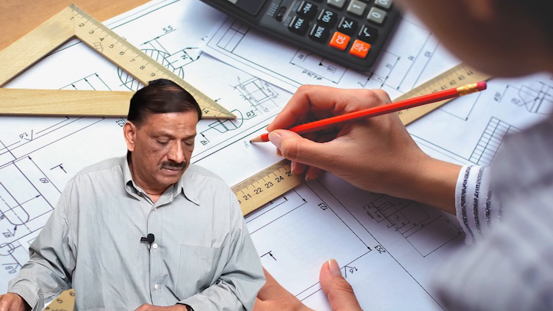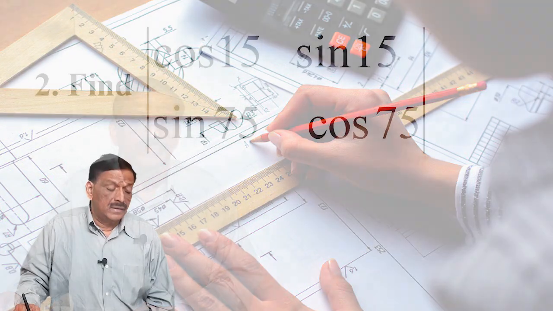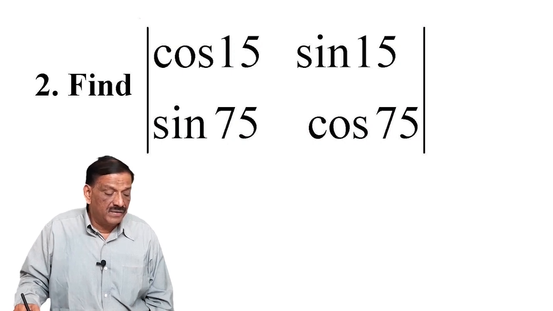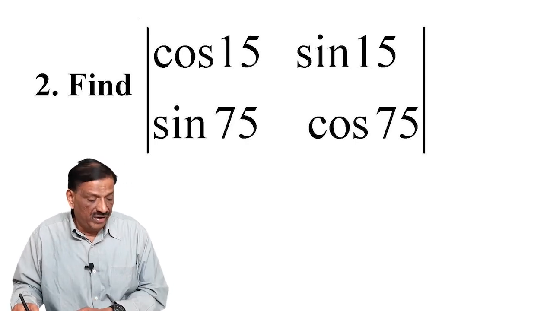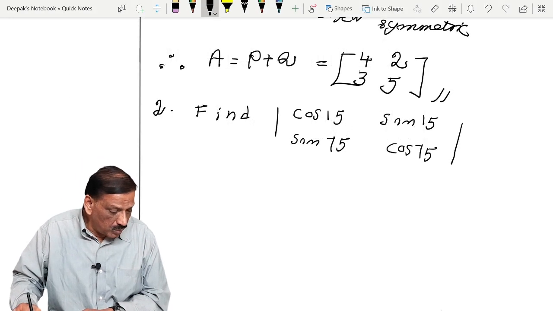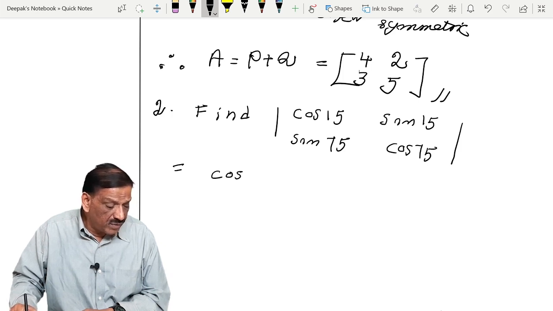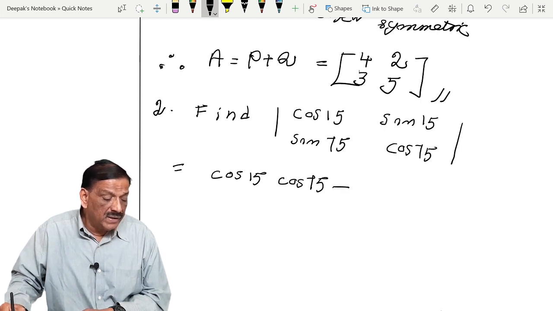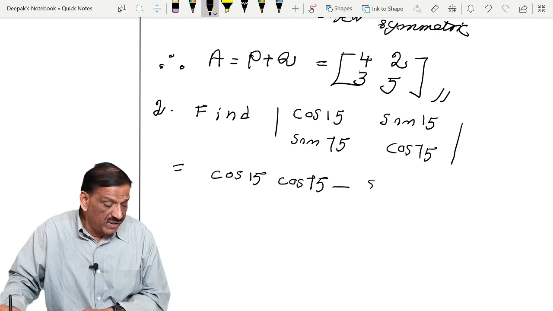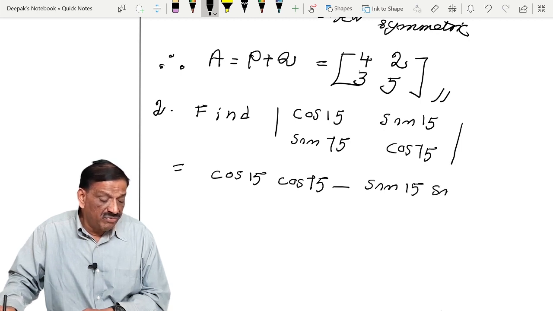Okay? Next question is, find cos 15, sin 15, sin 75, cos 75. That is equal to cos 15 cos 75 minus sin 15 sin 75.